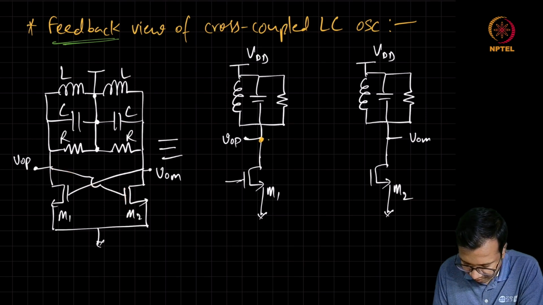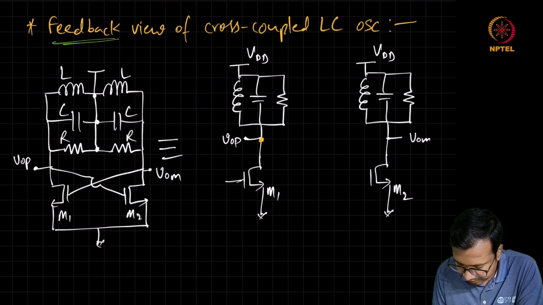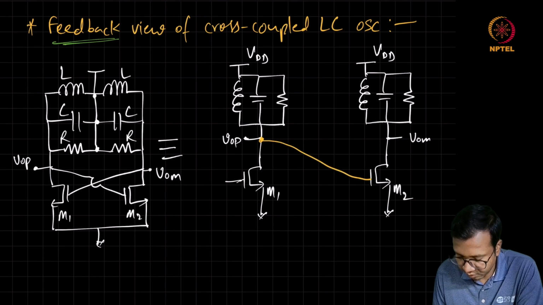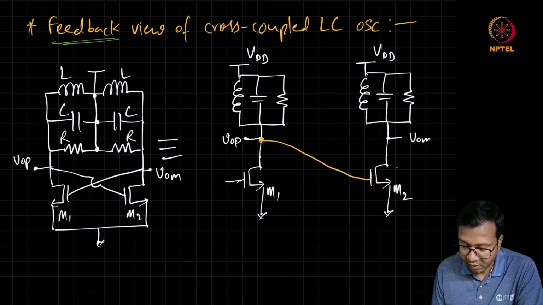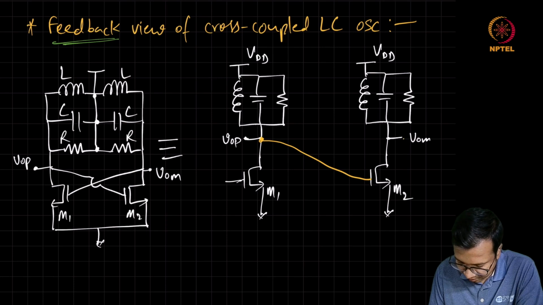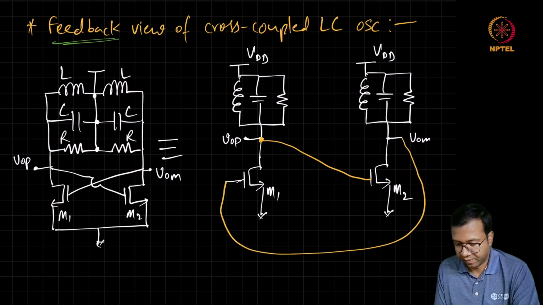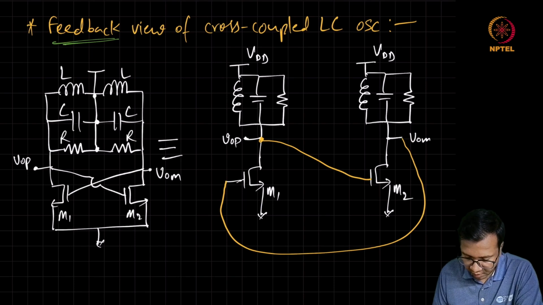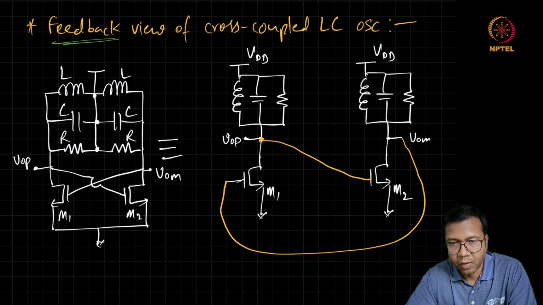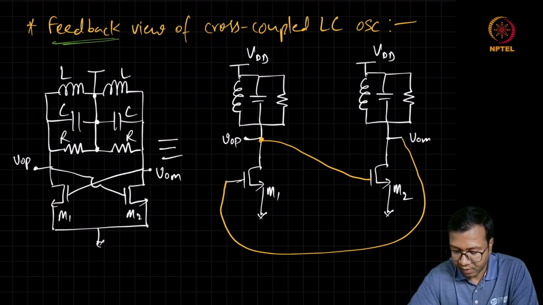So we can make this connection. So this output is going to the input of M2, and the output of the second stage is connected to the input of the first stage. So here it looks as if we have got two tuned common source amplifiers which are connected in a loop.